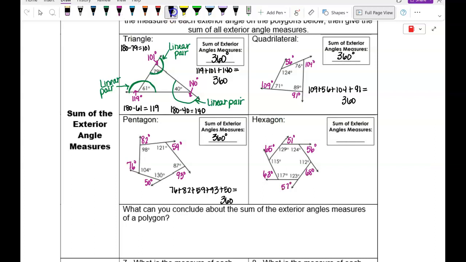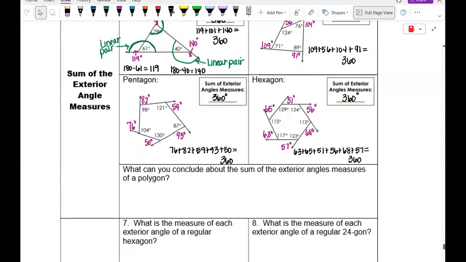So those would be the exterior, again, based on that idea of a linear pair, that of an interior and exterior angle that are next to each other would have to add up to 180. And then if I take 63 plus 65 plus 51 plus 56 plus 68 plus 57, what did I get? 360.